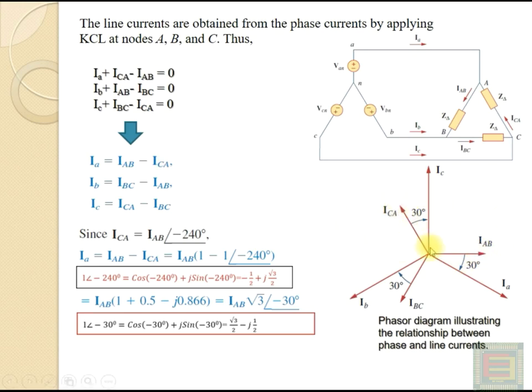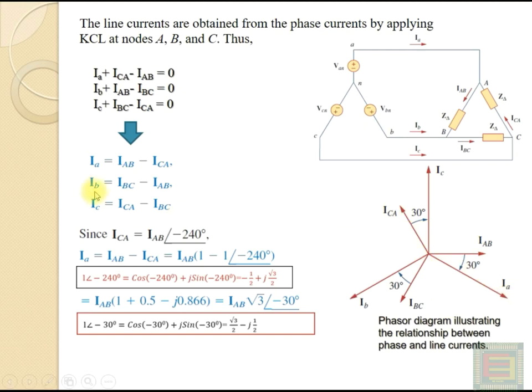So, minus ICA will be the phasor in the opposite direction to ICA, that means ICA reversed. So, you get the phasor IAB here, and minus ICA will be drawn something like this. If you find the vector sum of this IAB and ICA reversed, the resultant will be this IA.